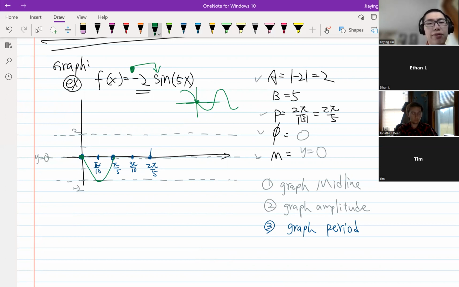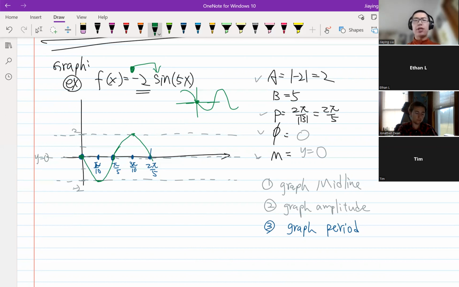And from that point, we continue to increase. And the next quarter is going to reach the maximum. And after it reaches the maximum, it's going to come down to the midline. So that's a quarter.